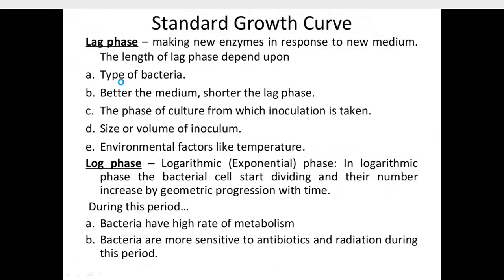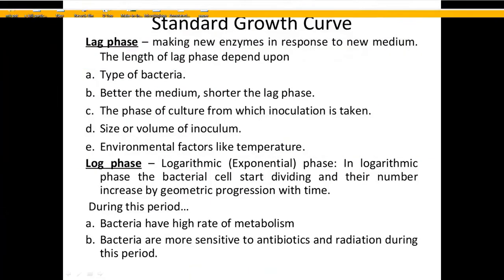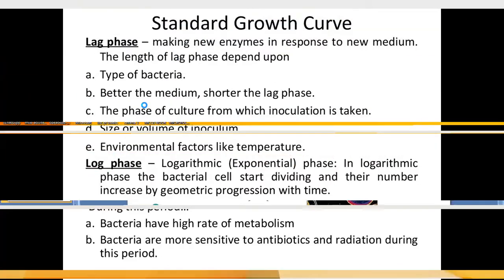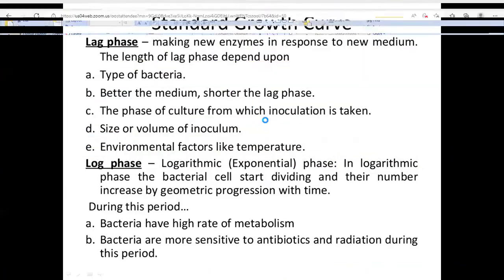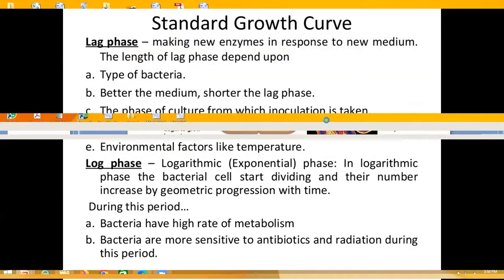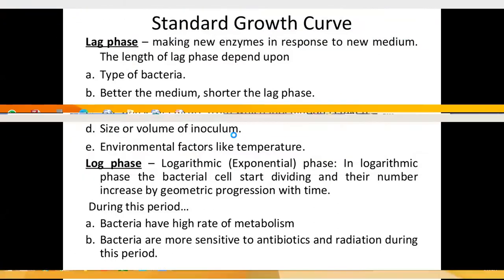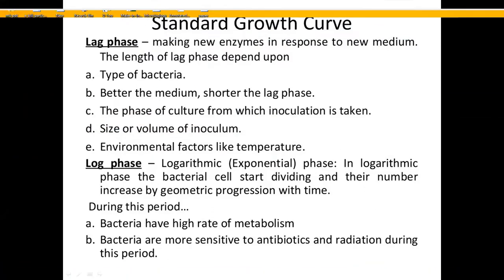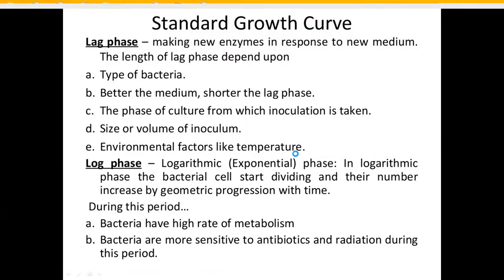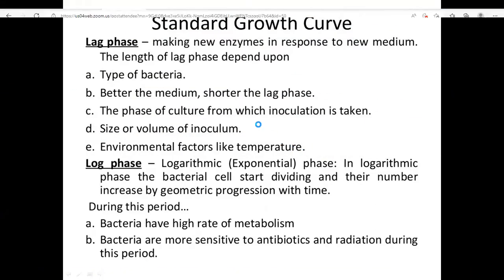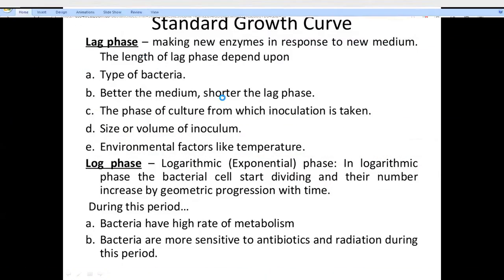The length of the lag phase depends on what type of bacteria we are growing, what medium we are giving, and the phase of culture from which inoculation is taken, whether the bacteria is active or sleeping. Size or volume of inoculum, meaning how many cells we have added, also influences the lag phase length, and environmental factors too. If you give optimum temperature, the lag phase may be very short. But if the temperature is not optimum, the lag phase will be long.